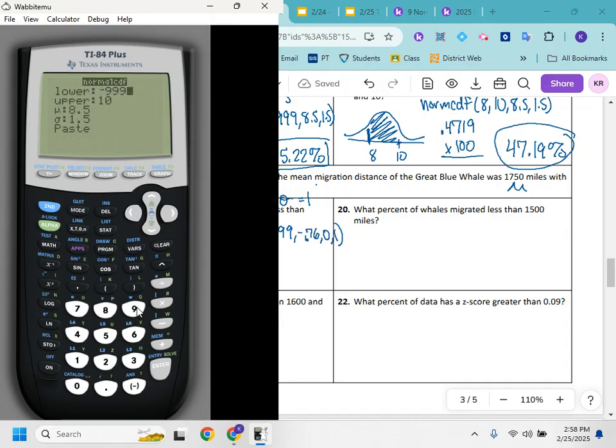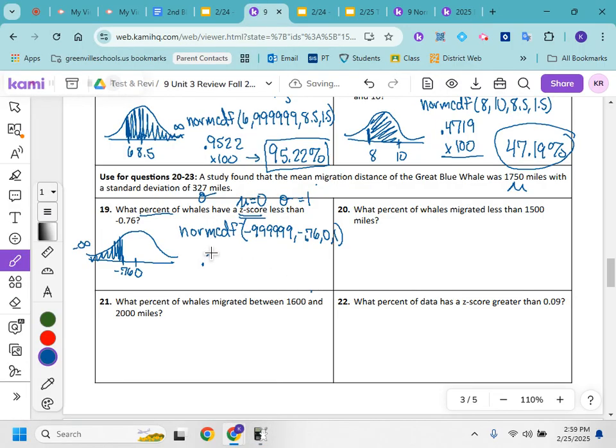Our mean is 0 and our standard deviation is always 1. So 22.36. So 0.2236, make sure I round it right. Yes. So 22.36%, because I times that by 100.